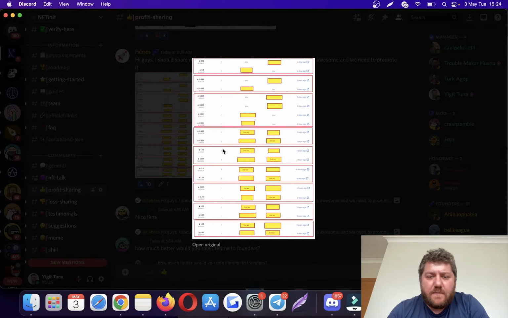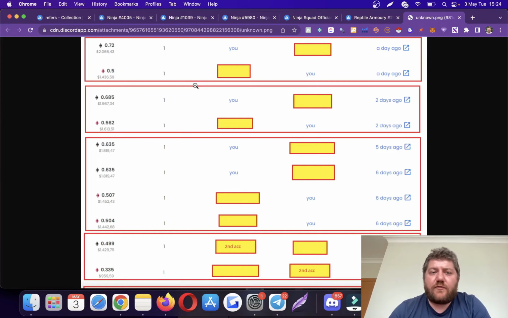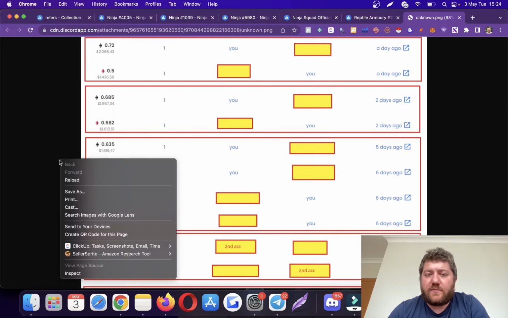You will see many people sharing their profits, and how you can understand that these are purchased by bids is, you see, this is the wrapped Ethereum sign, and this is the same sign, but with a darker color. This is the Ethereum sign.